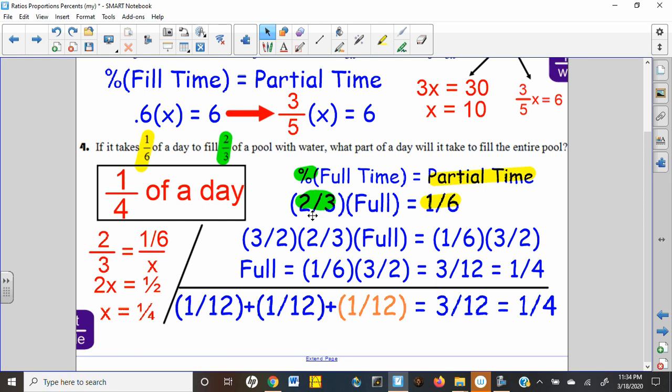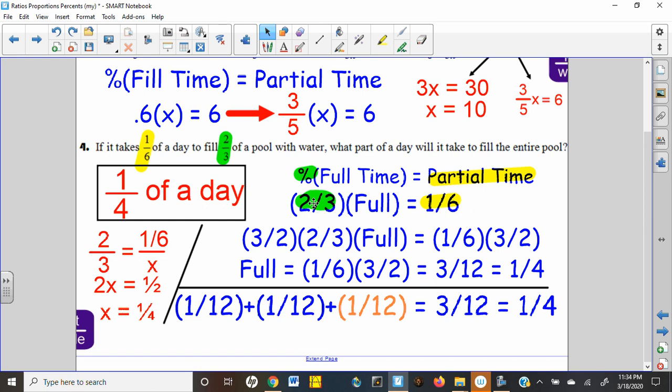If 2/3 is 1/6 of the day, I could say, well, if I broke that down into 1/3, it would have to be half of that 1/6, which would be 1/12.